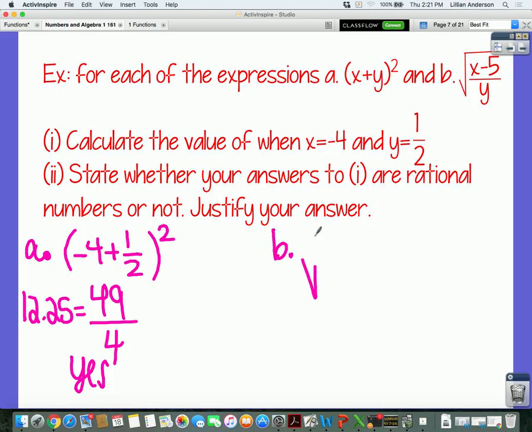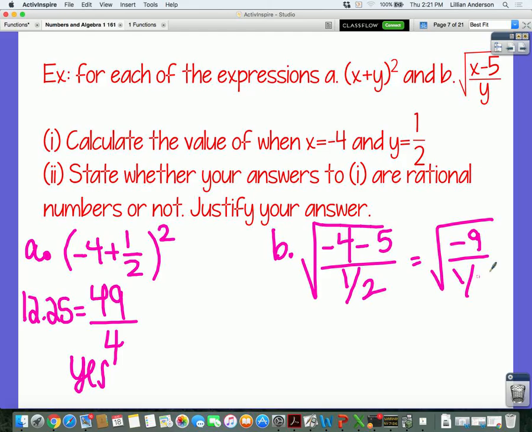Square root. So we're going to square root -4 minus 5 and divide it by 1/2. We're going to do this in our calculator. Just out of curiosity, what's -4 minus 5? Okay, to save a little time and a little less headache, can we just do -9 instead of -4 minus 5?